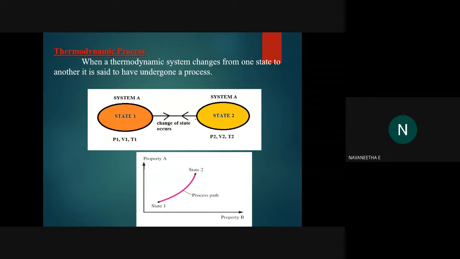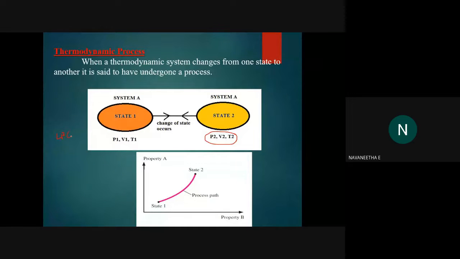So we can convert the state of the system from any one state to another. Here we are converting the same system A into a different state. When the system changes, the properties also change, that is P2, V2, T2. The best example is LPG gas.